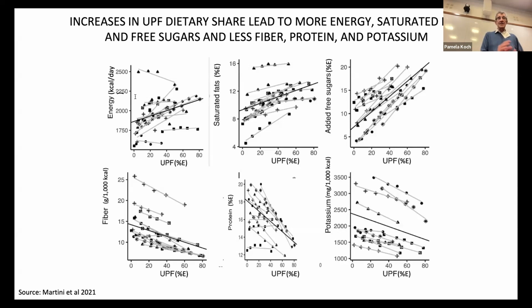In general, as UPF share increases, you have an increase in energy intake, an increase in saturated fats, an increase in added sugar, and a decrease in fiber, protein, and potassium. This is the perfect recipe for chronic diseases, right? You could not invent anything better if you want to increase chronic diseases.